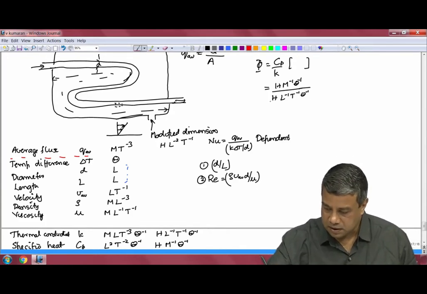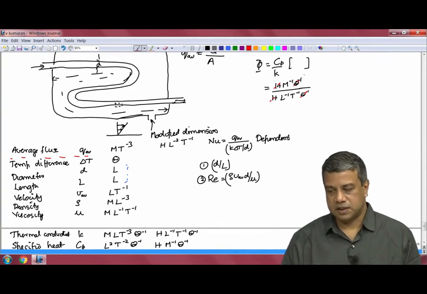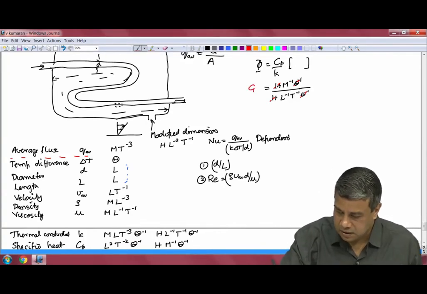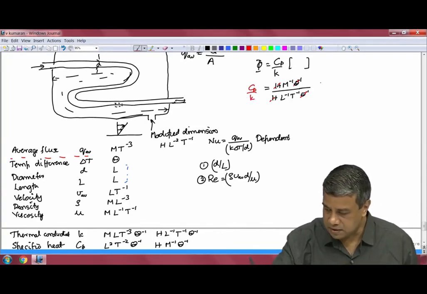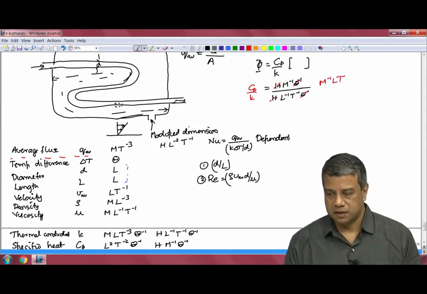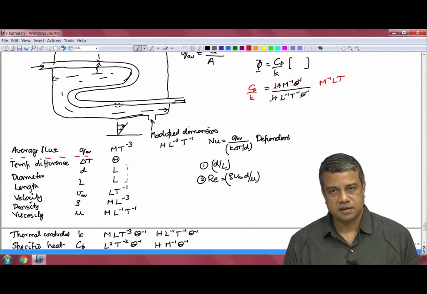The energy dimensions will both get cancelled out and the temperature dimension will both get cancelled out, okay. And therefore, the Cp by k has dimensions of m inverse L T, okay. The Cp by k has dimensions of m inverse times length times time.